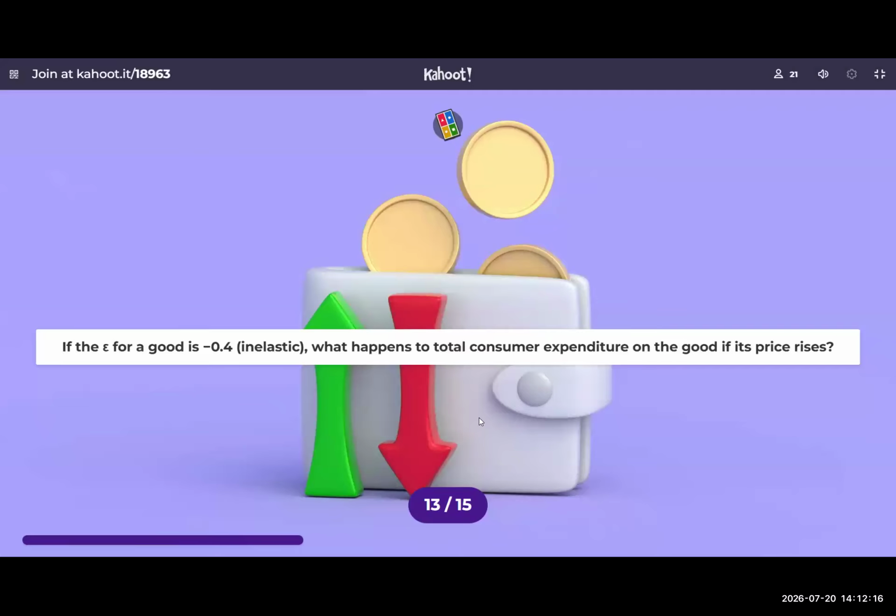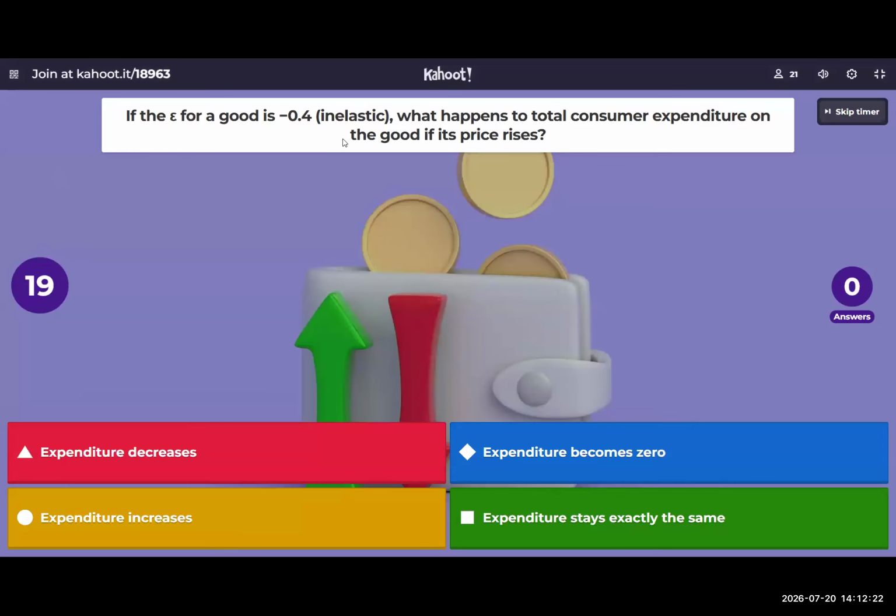Two more questions. If the elasticity of a good is negative 0.4, which is inelastic, what happens to total consumer expenditure on that good if its price rises?